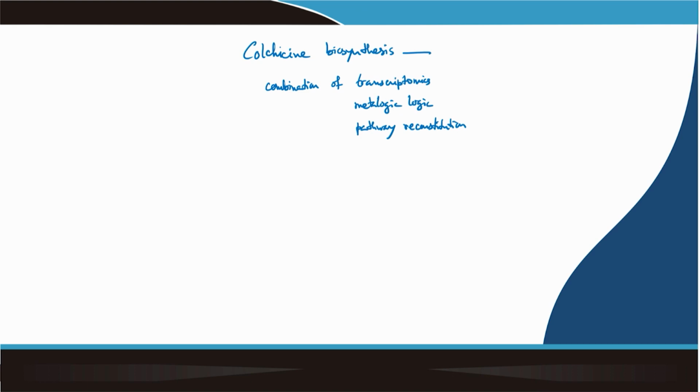Okay. Now, when we talk about transcriptomics, one thing was clear to them, that colchicine accumulates in the rhizome, the underground part of Gloriosa superba.